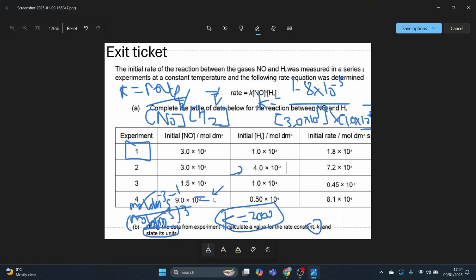That will cancel out and we'll be left with s to the power minus 1 over mol dm minus cubed squared. That is the same as s to the power minus 1, expand the denominator, mol to the power 2 dm to the power minus 6, but because that's the denominator we're going to do the inverse, so it's going to be mol to the power minus 2 dm to the power 6 s to the power minus 1, and that is the units.